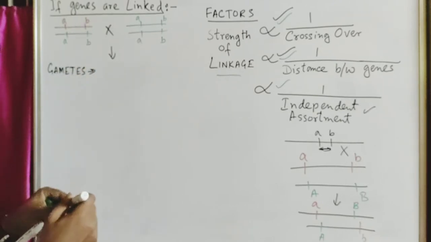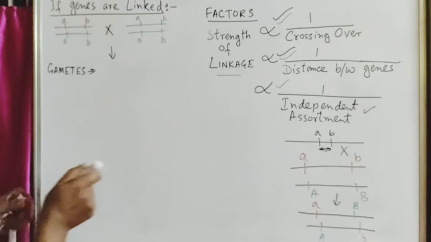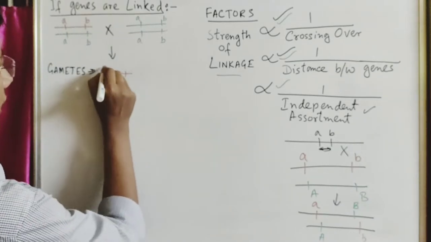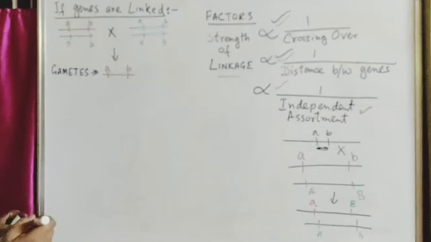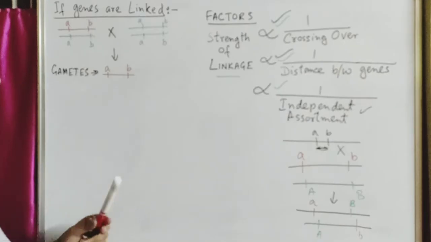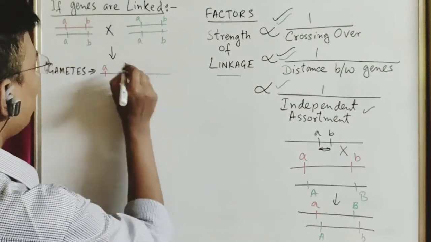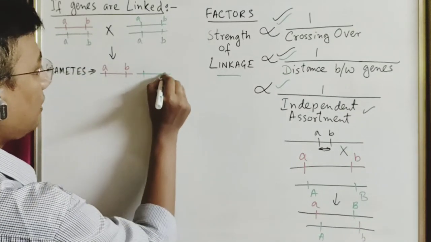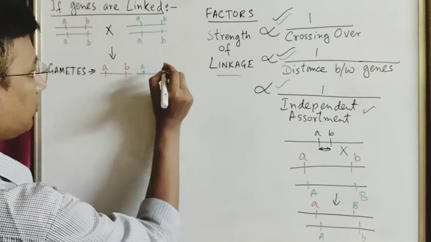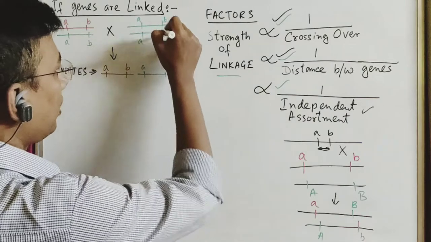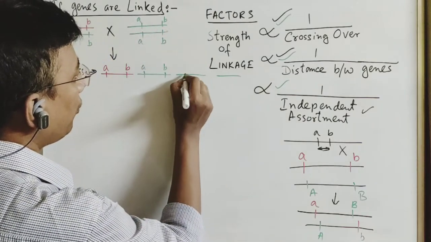First gamete is A, B. Second gamete that I will get is this one, and the third type of gamete will come from this part.